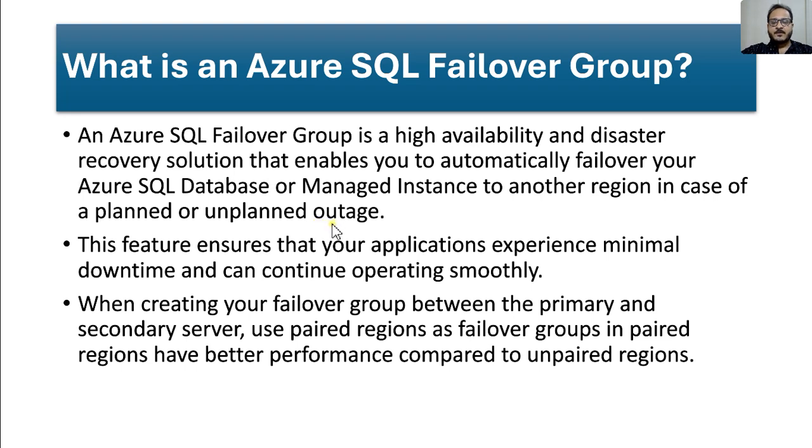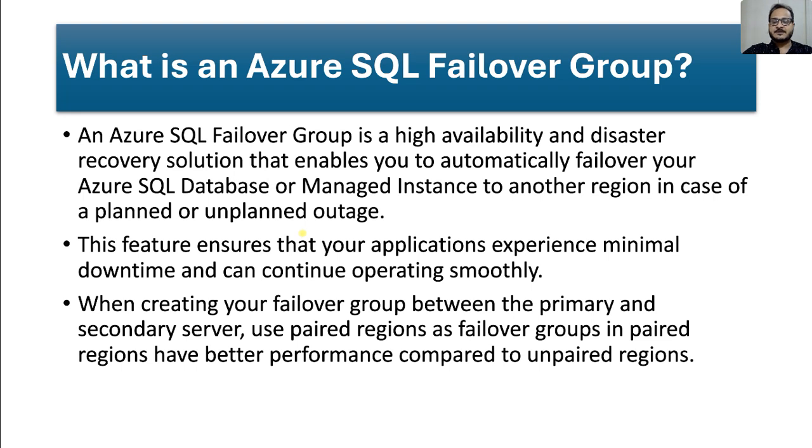When creating a failover group between the primary and secondary server, use a paired region, as a failover group in a paired region has better performance compared to an unpaired region. What does it mean? In Microsoft documentation, you will see there are multiple paired regions, for example for Central India there will be some paired region, like East Asia or East US or West US.